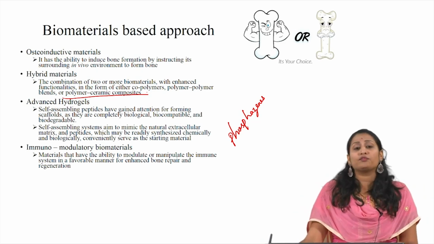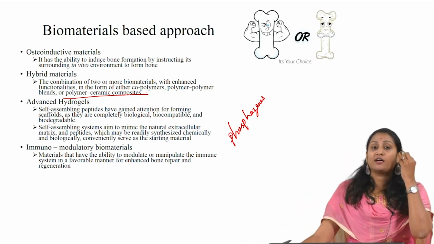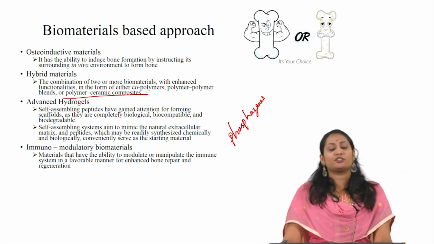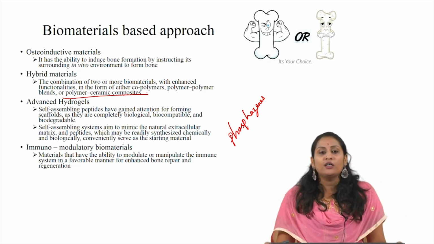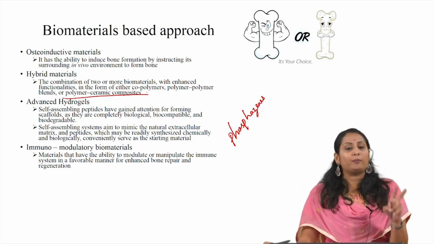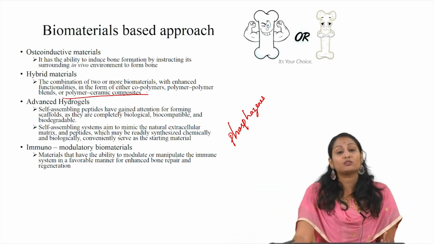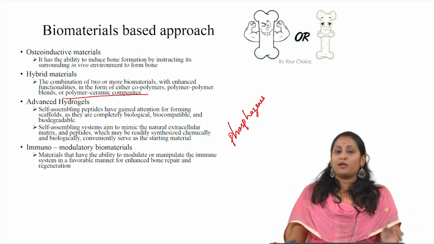Then the third class of biomaterial is advanced hydrogels. Hydrogels, because of their physical properties and structure, have been widely used in tissue engineering applications, and recent research has shown that self-assembling peptides have gained enormous attention for forming scaffolds, as they are completely biological, biocompatible and biodegradable.